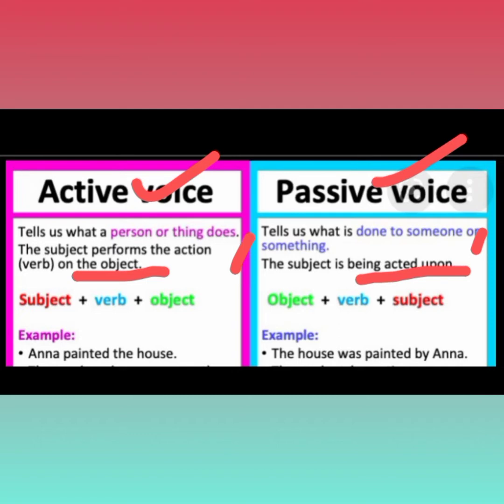So for active voice, the structure will be subject plus verb plus object, and in passive voice, it will be object plus verb plus subject. Okay, here one example is given. Anna painted the house. This is active voice, and when we change it into passive, it becomes: the house was painted by Anna. Clear?